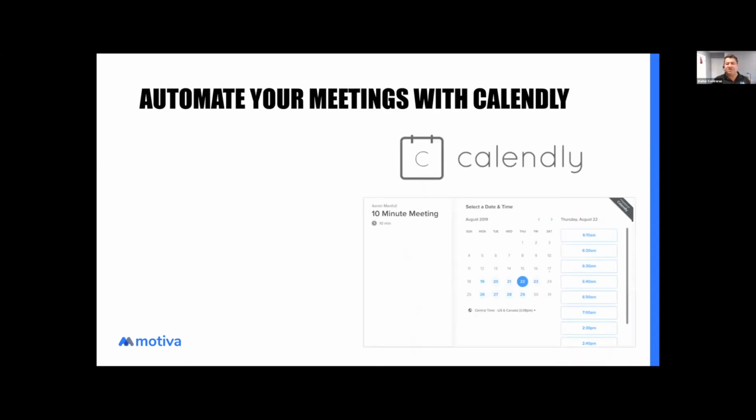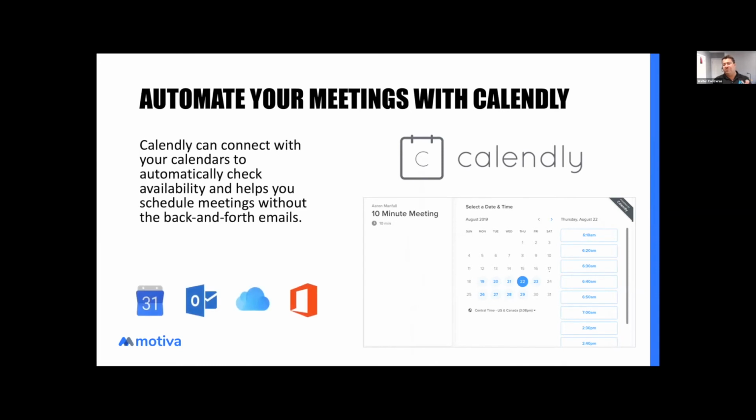And so that's one of the pieces that Calendly does really well. Calendly is similar, it's a software as a service like Zoom. And again, we did a whole deep dive on this a few days ago. But Calendly allows you to create your own calendar link. And what that means to you is that you can send those links to people, and they can book at their time.